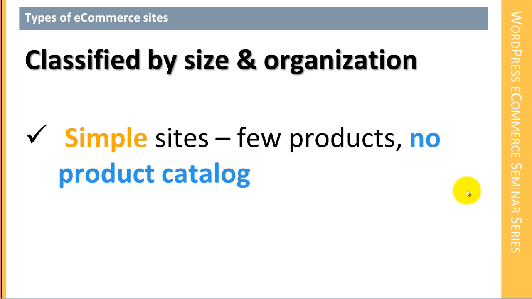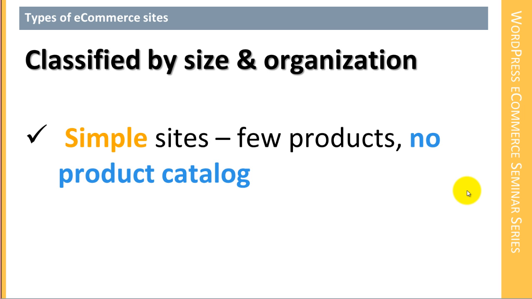E-commerce sites can also be classified by their size and their organization. And I suppose size and organization are two sides of the same coin. And by size I really mean the number of products that it sells and how it displays those products. So for example, you can have simple sites with very few products and really no product catalog.